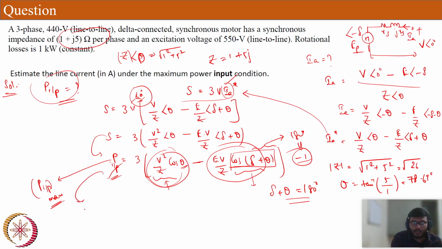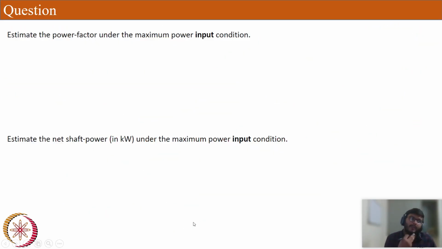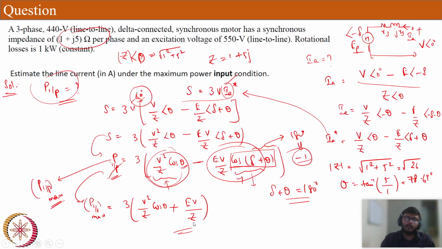Now substituting that, calculate the maximum input power. It is 3 into V square by Z cos theta times minus 1, plus EV by Z. Now this is your maximum input power condition.